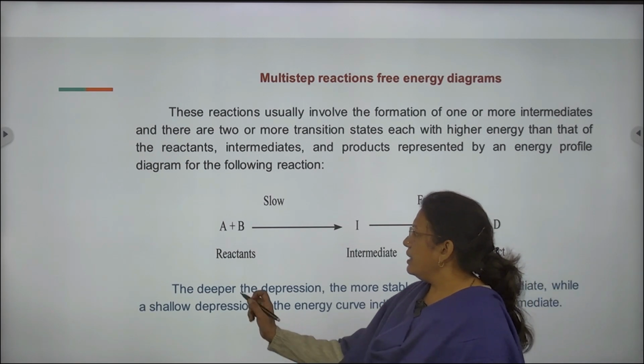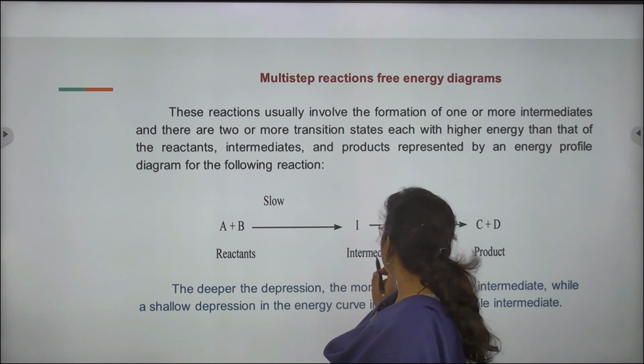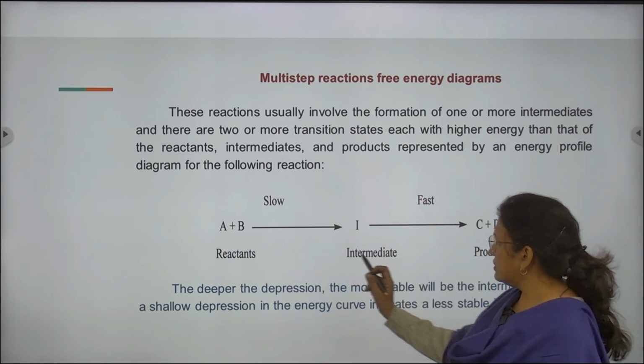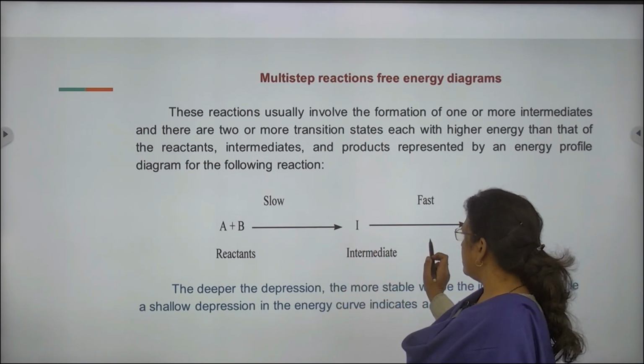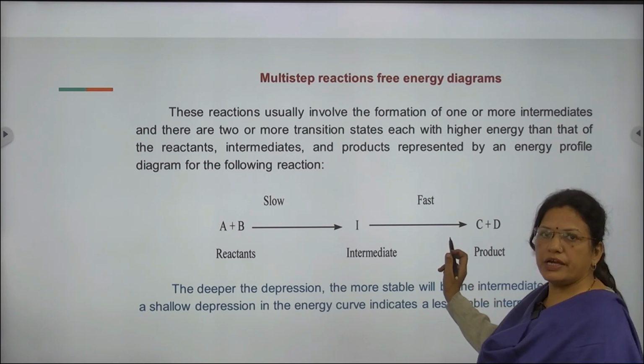Here A and B are reactants, which give intermediate I, and this gives product. This is the slow reaction, and the conversion of intermediate to product shows a fast reaction.